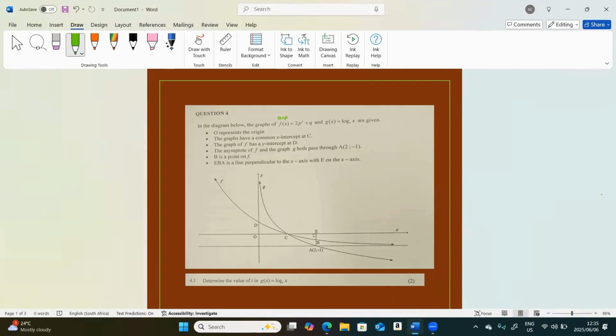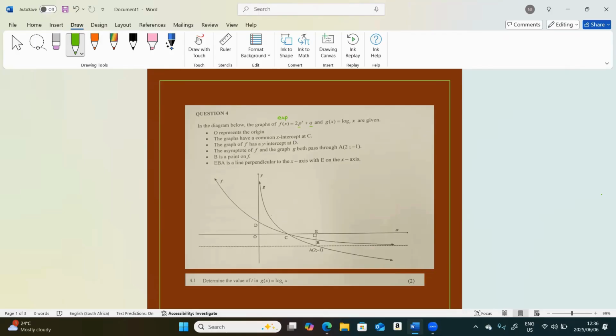We also have to know what this plus q stands for, because when they give us graphs and equations for specific functions with unknowns, like the p and q in this exponential function, we know we are going to have to solve for these unknowns. So your theory comes into play here.